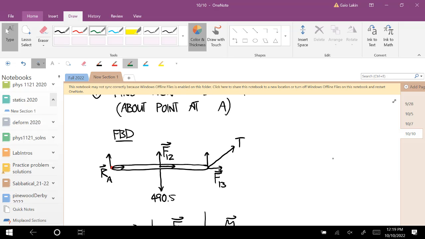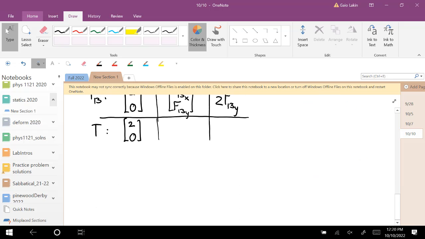It's at 45 degrees, so if this is our coordinate system, here's our vector. You can see that that unit vector is going to be cosine and sine of 45 degrees multiplied by T. So this is going to be 0.7071 T, 0.7071 T. And cross product is 1.4142 T.